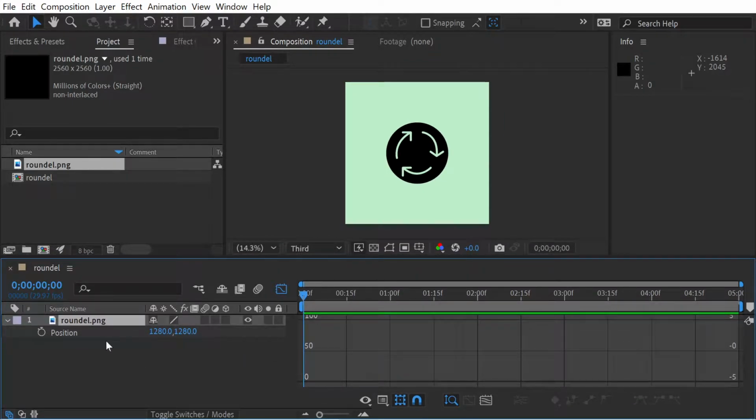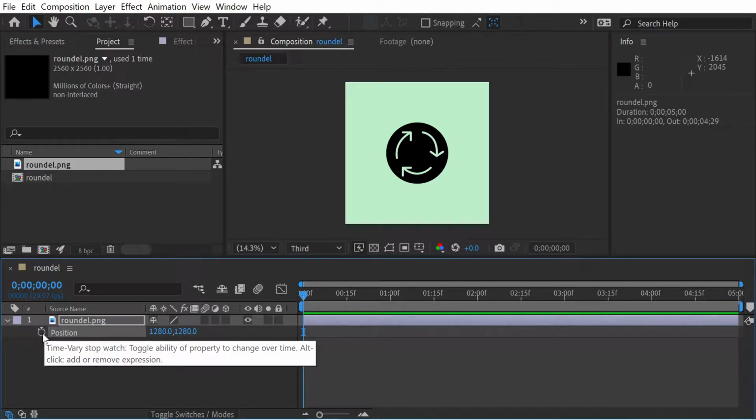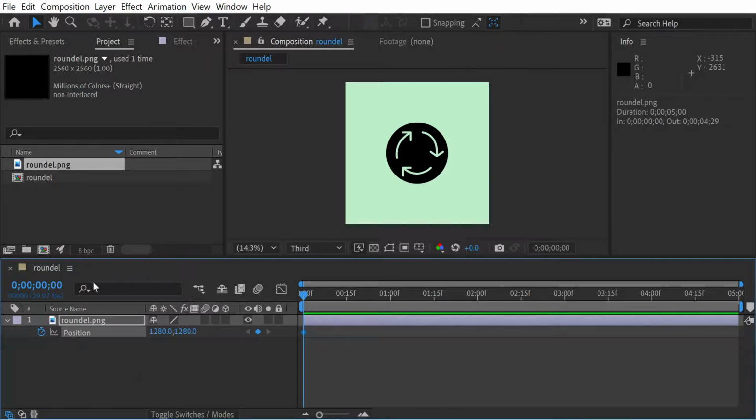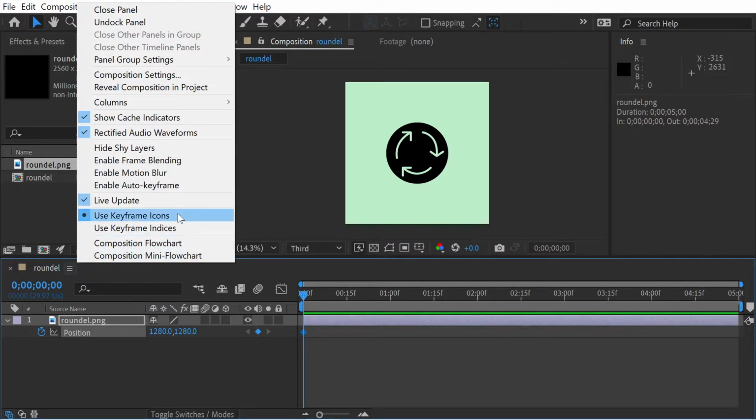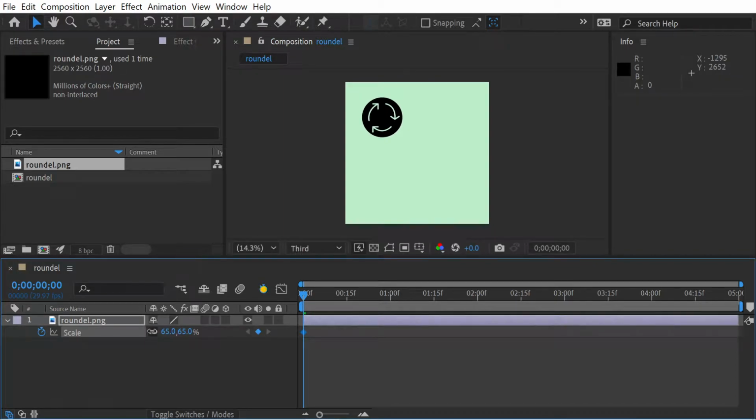So let's, to start with, just do a couple of simple keyframes. I might just turn on auto keyframe for this one. So yeah, what should we go for? A little bit smaller.